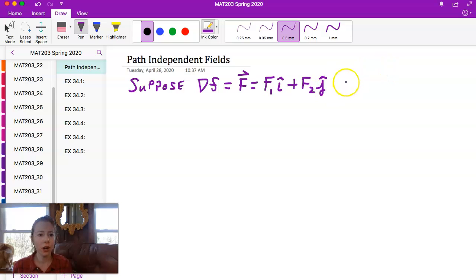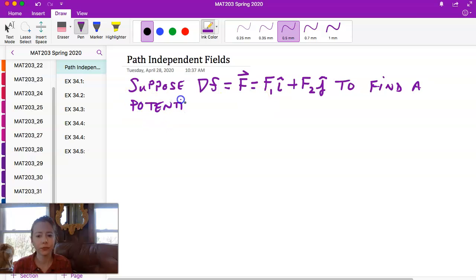And we're going to go through the ingredients or the steps to find a potential function, some f of x and y.